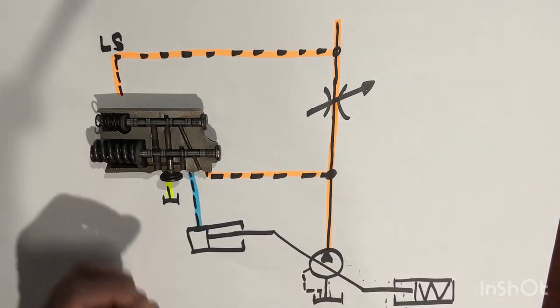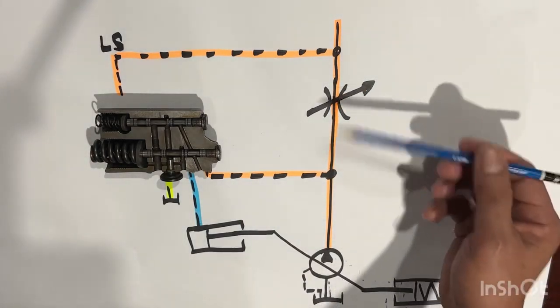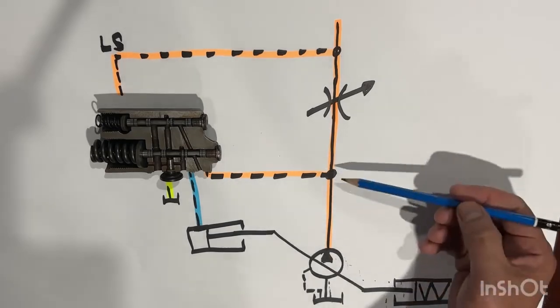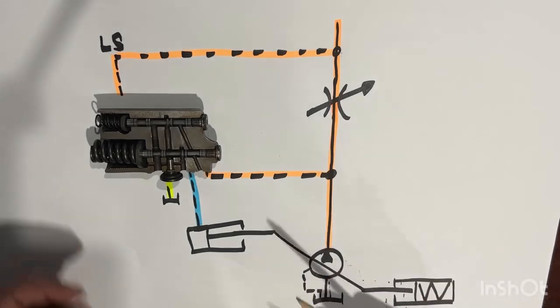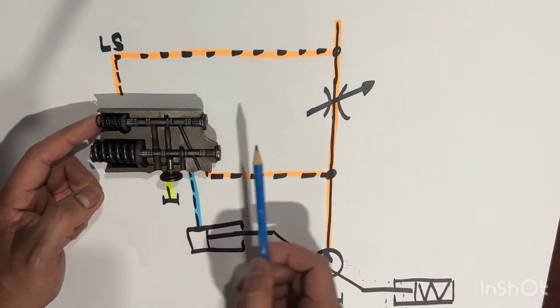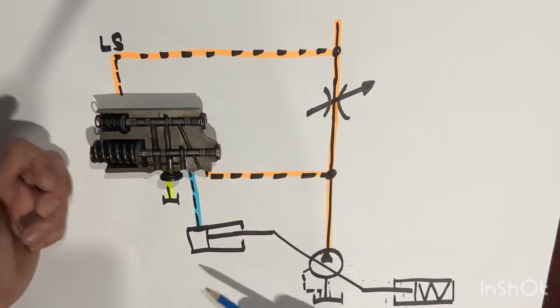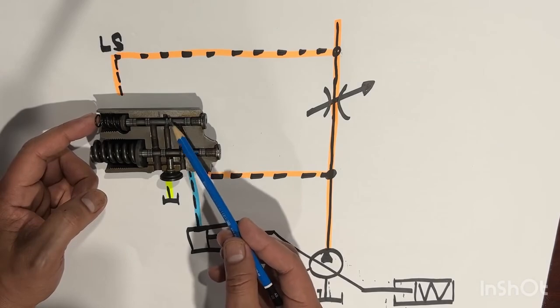Now since the delta P across this external throttle valve is low, both upstream and downstream pressure are almost the same. So the differential pressure spool, under the effect of the spring, also remains in this position. The pump is in the max stroke position because this spool is not shifting.